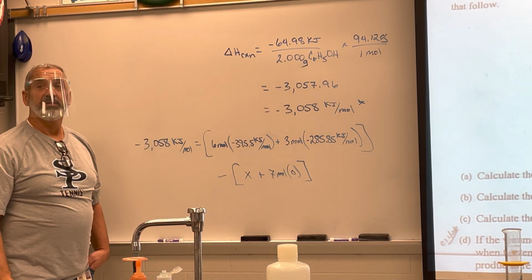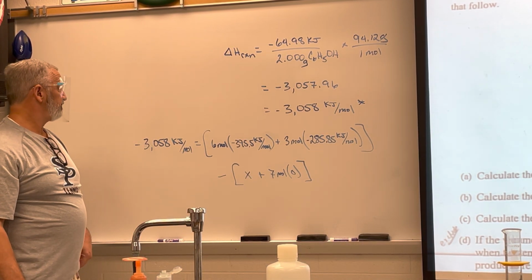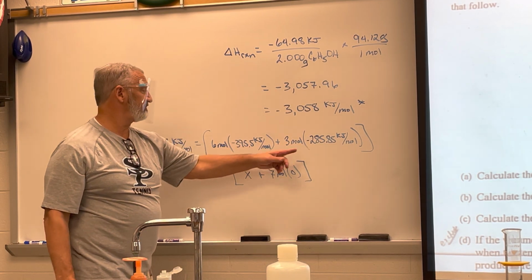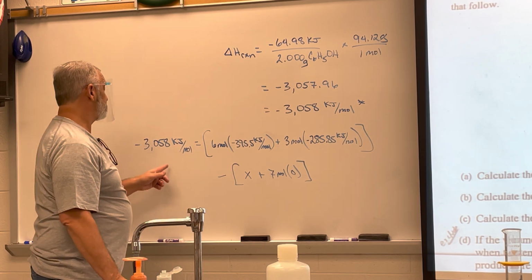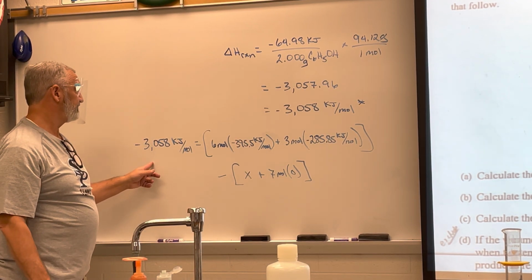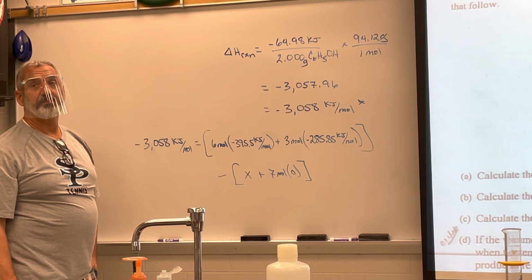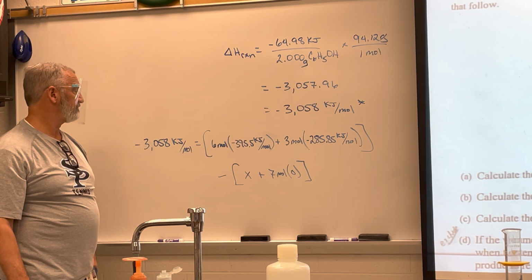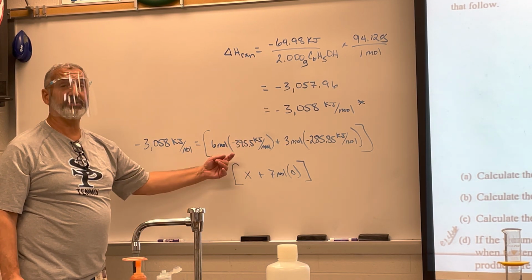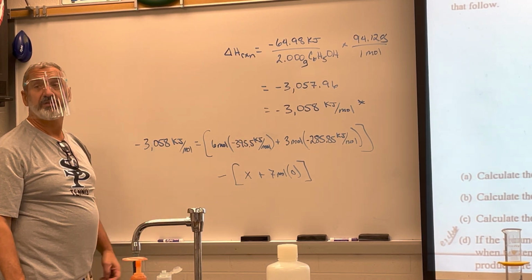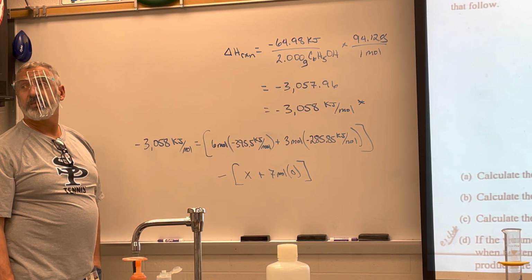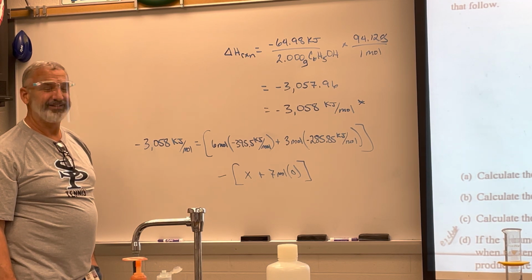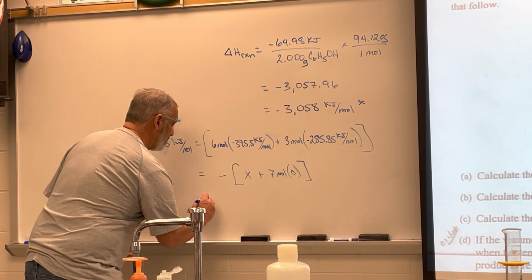So really, you're just going to multiply this times that, and subtract it out over here. So what do we get? This is going to be a negative number, so you're going to end up adding it over here. What does the answer online say?